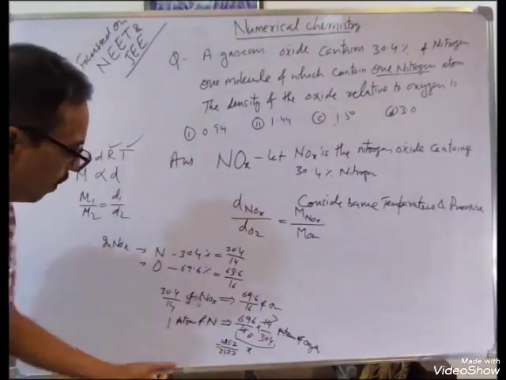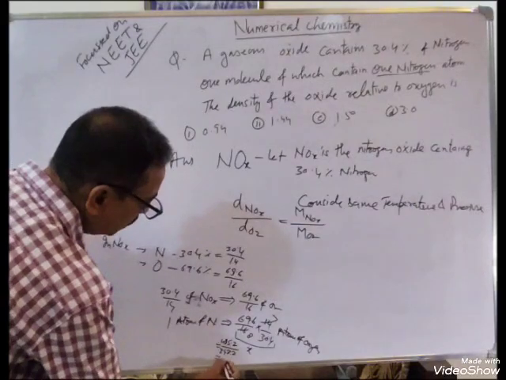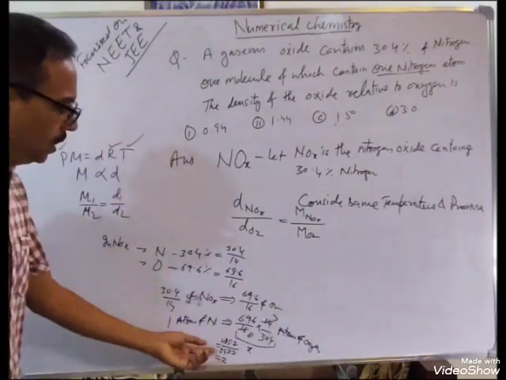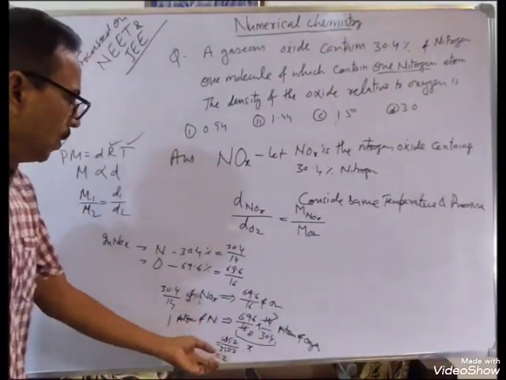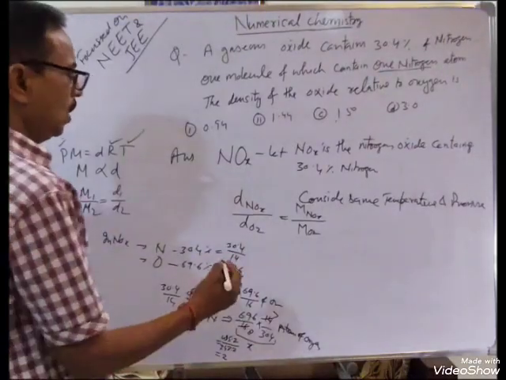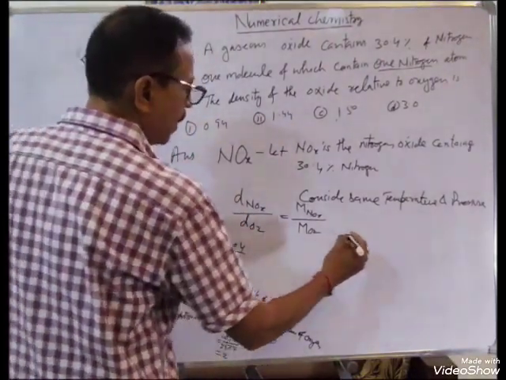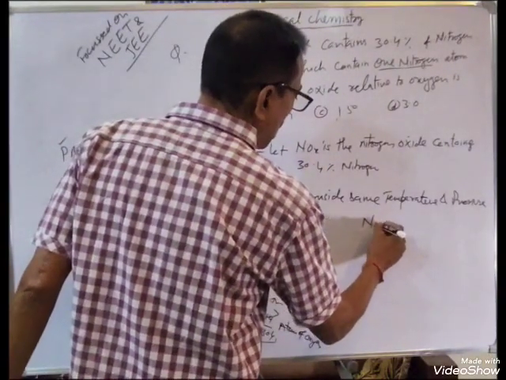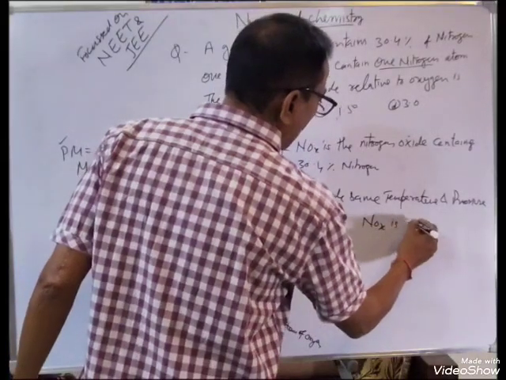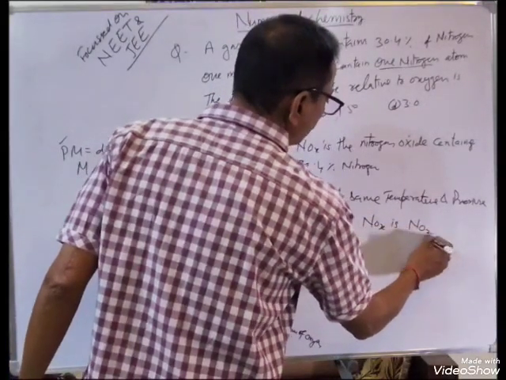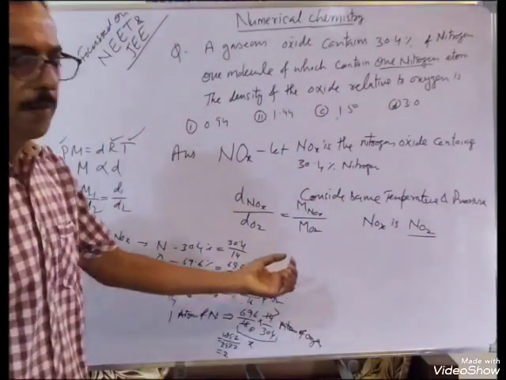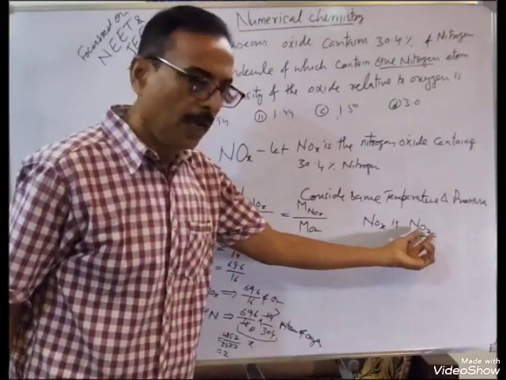So it is almost double. The value of X will be 2. It is double, so the value of X is 2. It implies that NOx is NO2. The oxide of nitrogen is NO2.